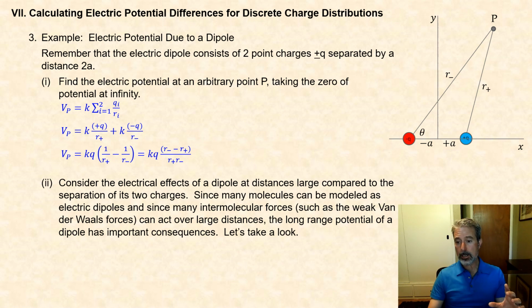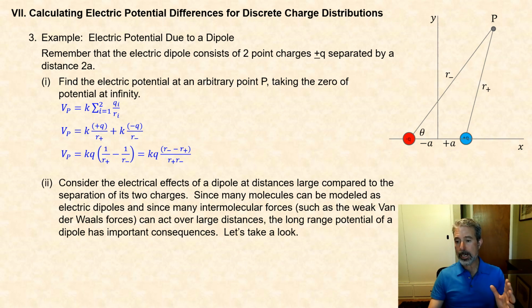You know, the physics of polar molecules is quite important, and what we're saying is that many molecules can be treated as a dipole even when the molecule does not consist of two equal and opposite charges.